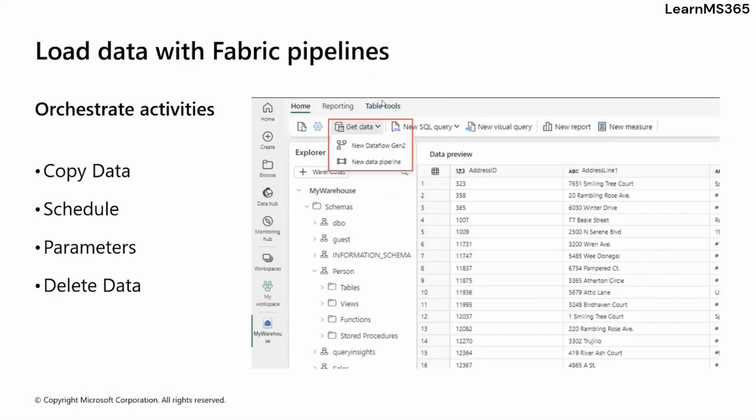Now we can also load the data with a Fabric pipeline. Microsoft Fabric's warehouse provides integrated data ingestion tools, and it enables users to load and ingest data into the warehouse at large scale, either through coding or no-code experience. Here, pipelines offer many different activities for orchestrating the data movement.